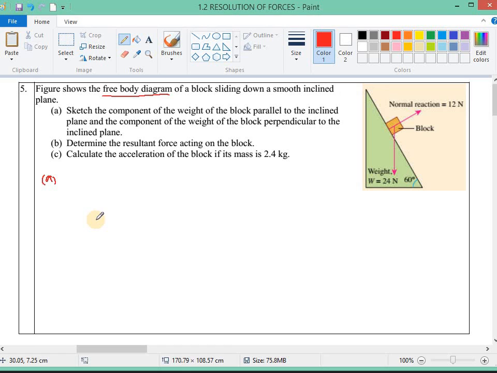Okay, so sketch the component of the weight of the block parallel to the inclined plane and the component of the weight of the block perpendicular to the inclined plane. Okay, component of weight.